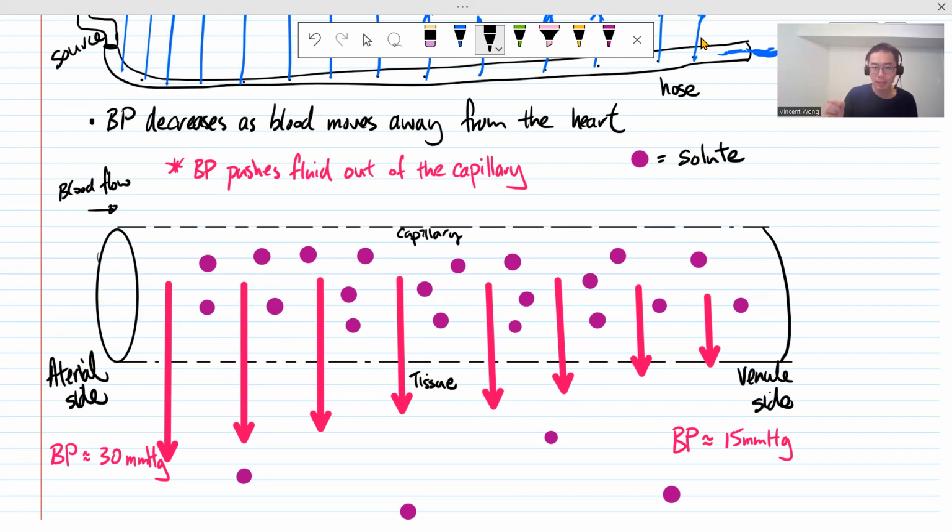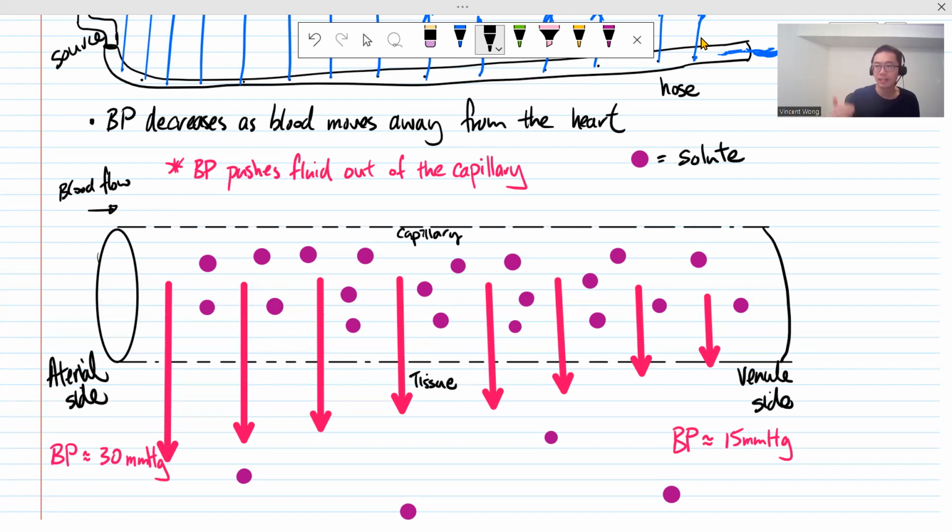The osmotic pressure is created by a difference in osmolarity, a difference in concentration, right? It's more concentrated in the blood than it is in the tissue. So which way is fluid going to move? Is it going to move into the capillary or out of the capillary? You really got to think about this.